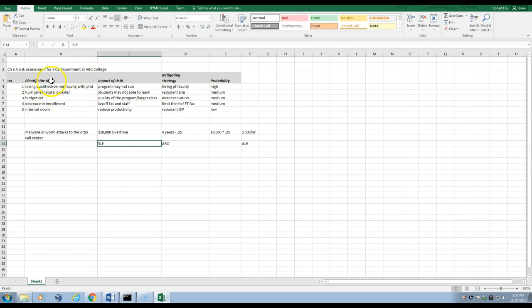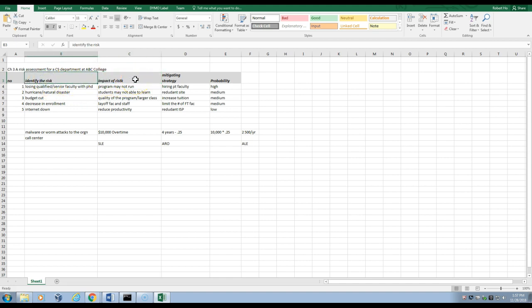What kind of risk? Is there any risk that can cause harm to the organization or department? Also, you need to look for the impact. What is the potential impact in case this happens? So first, you need to identify the risk.